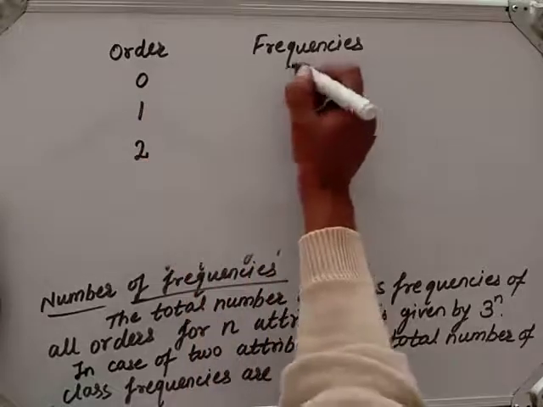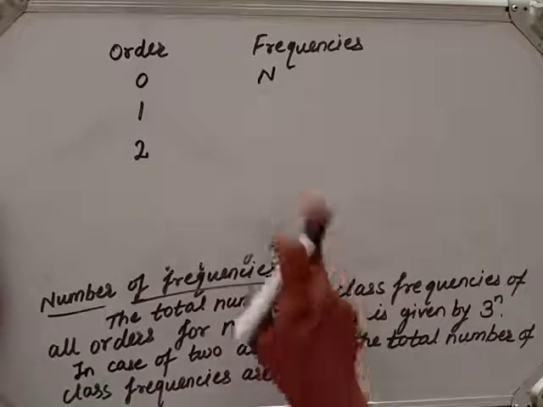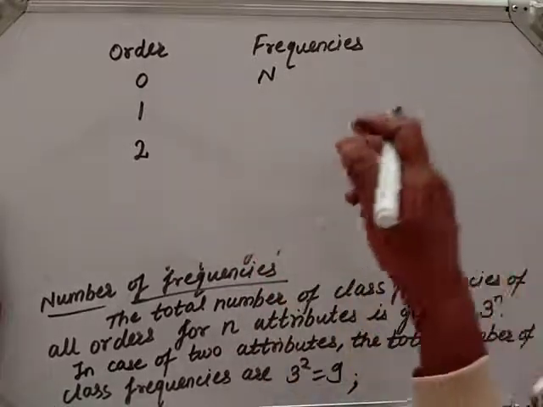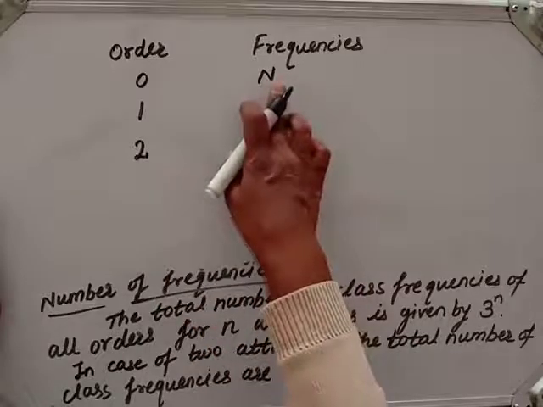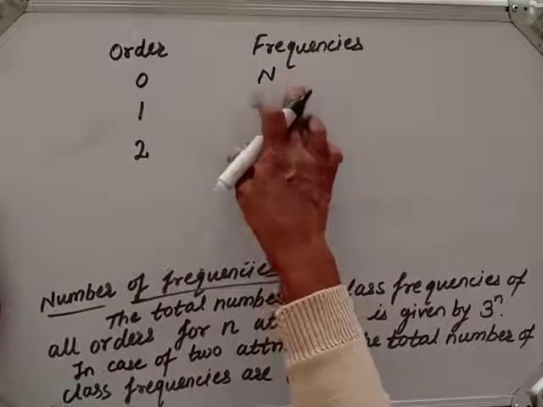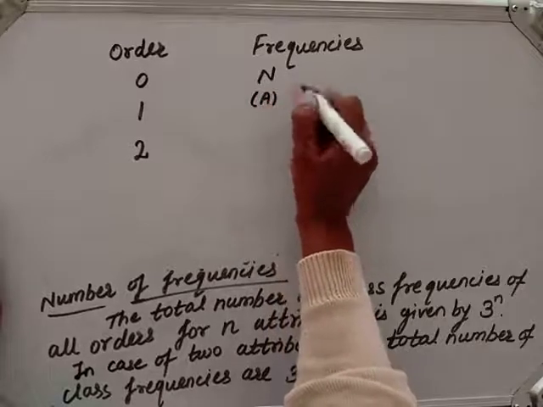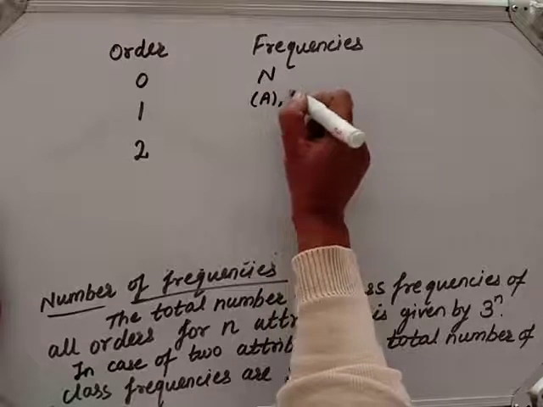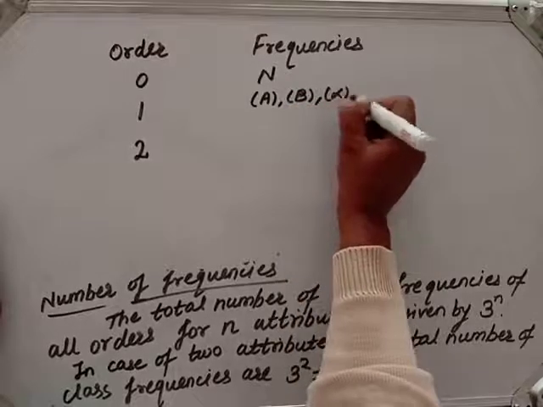For 0 order, the frequency is the total number of members of the population, capital N. For 1 order, that is 1 attribute: A, B, alpha, beta.